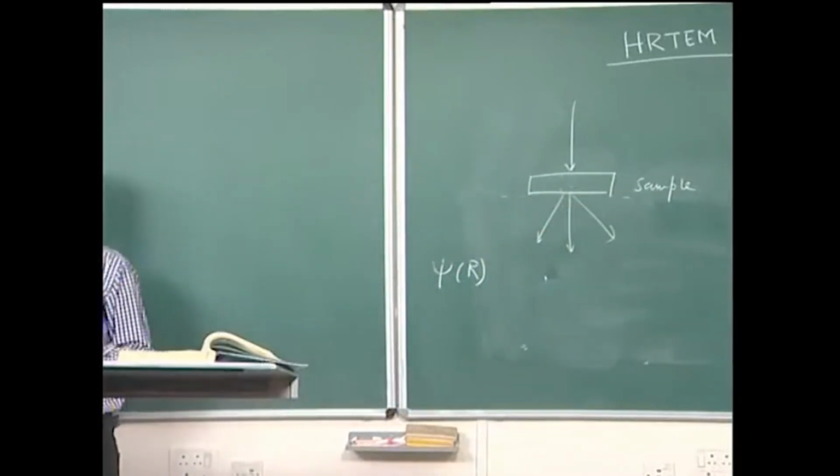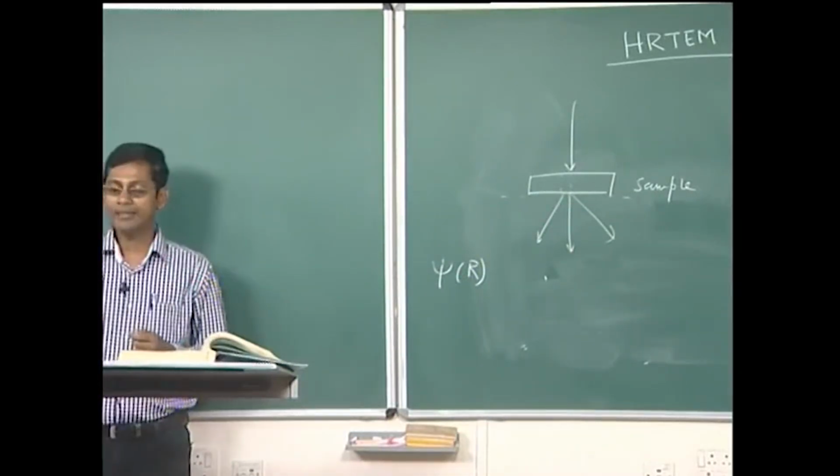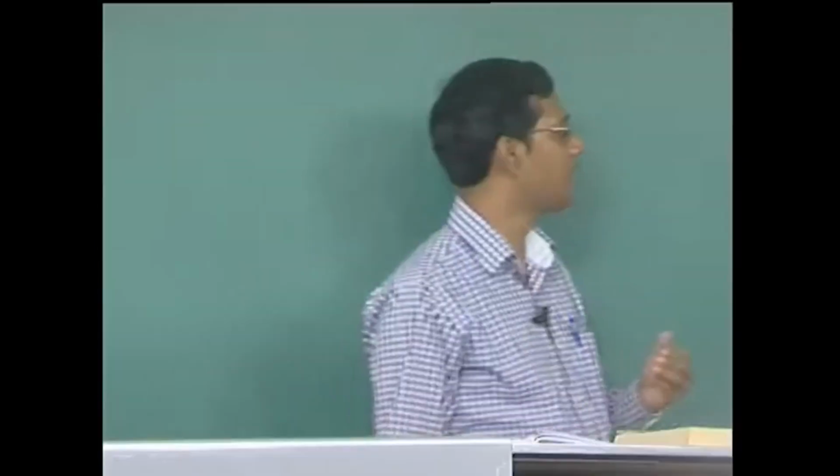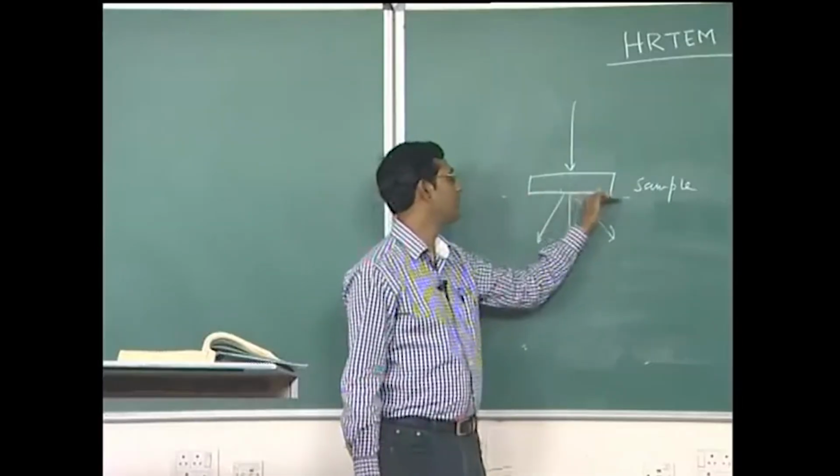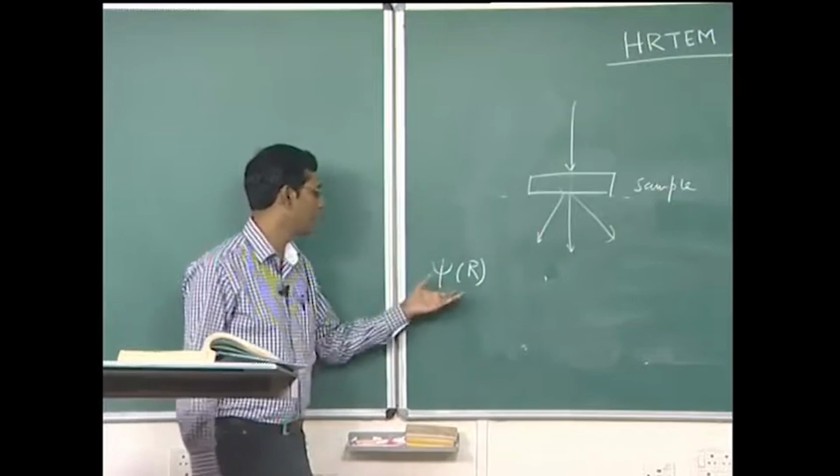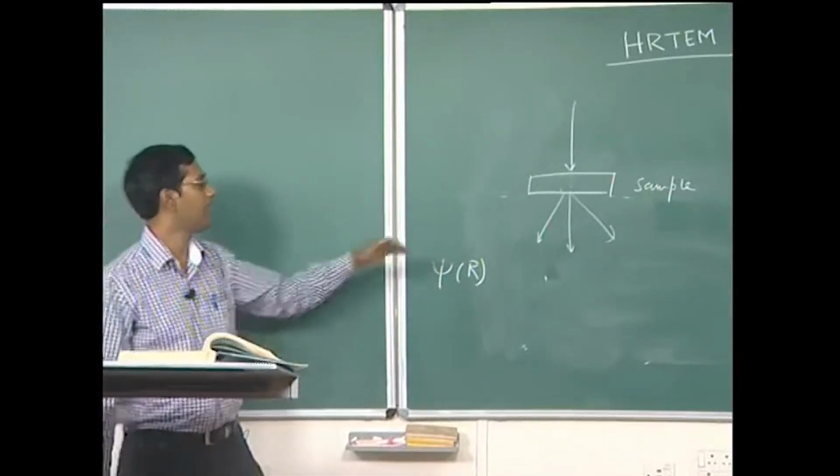These are planar sources of light or electrons at the exit plane.